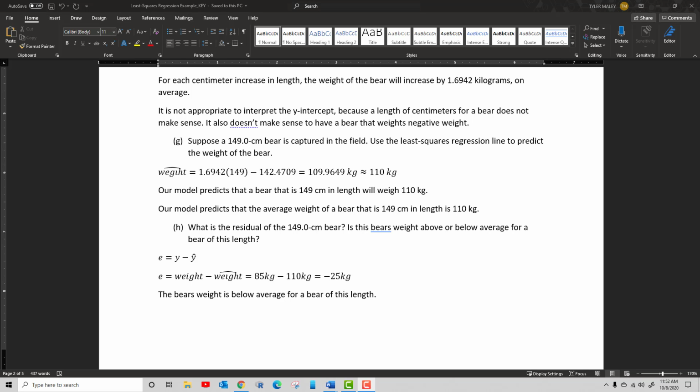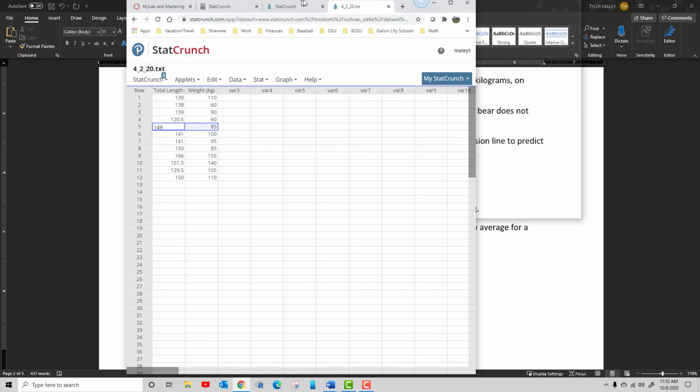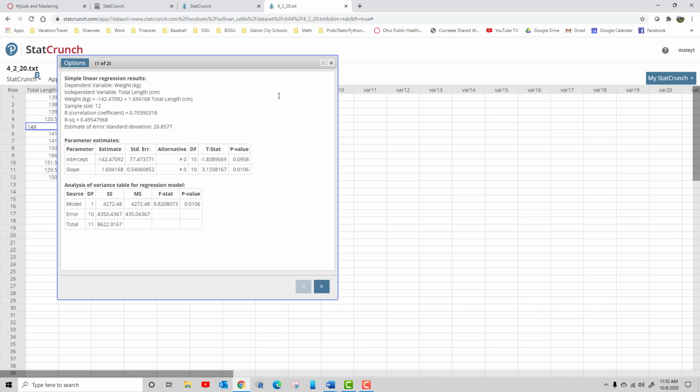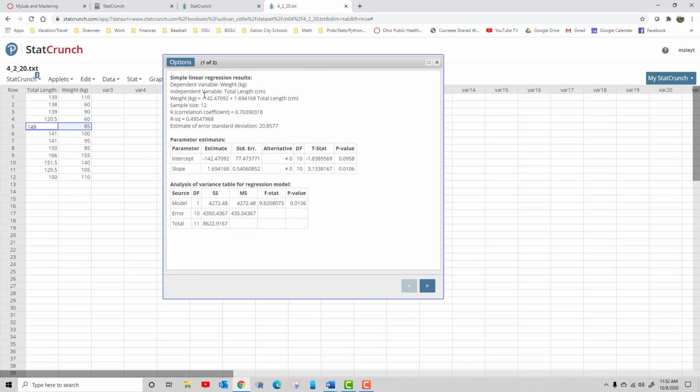So what I would like to do now is look at part H, but from a more visual perspective. I guess parts G and H in a sense. If I go back to StatCrunch, and go to results hidden, the simple linear regression is what we were looking at. This is where we got the least squares regression line equation.